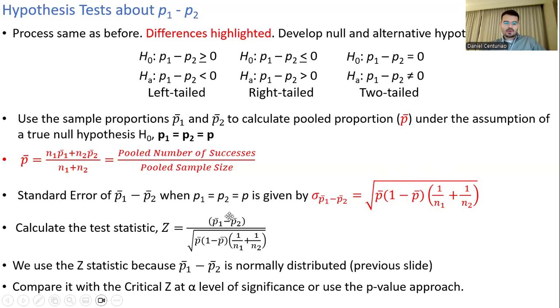Okay, so then you can find Z. Because of this assumption, we are assuming that the proportions are normally distributed, so the difference between the proportions should be normally distributed as well, as I told you in the previous slide.